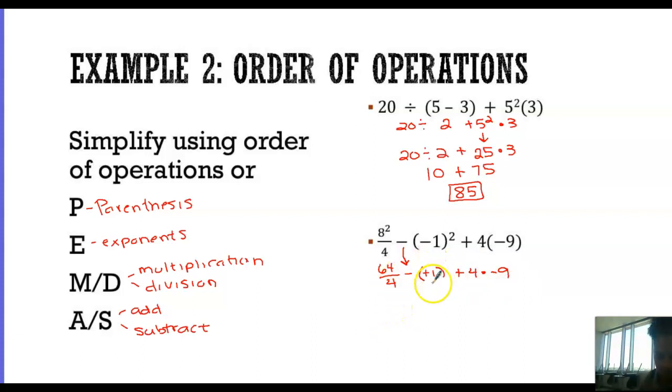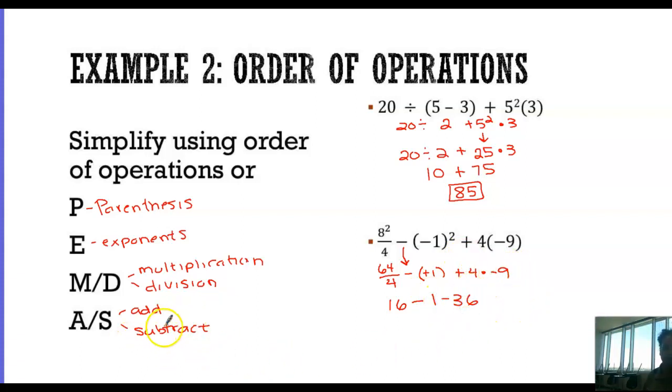Now let's see, we already have taken care of the parentheses and exponents. Now multiplication and division. Remember, just go left to right here. So I have division here. 64 divided by 4 is 16. Plus negative, we can really just say minus, and then right here, negative 36.